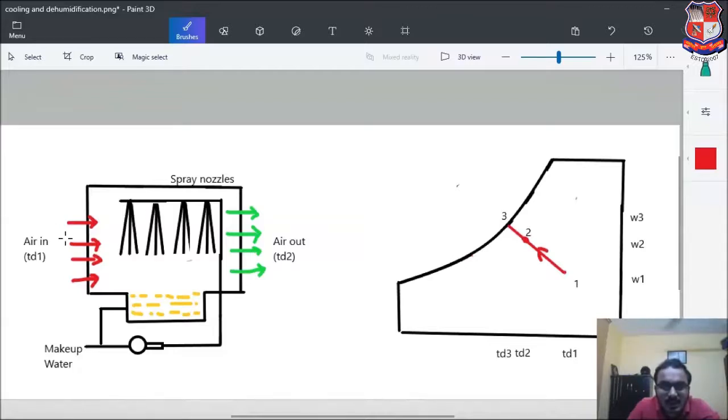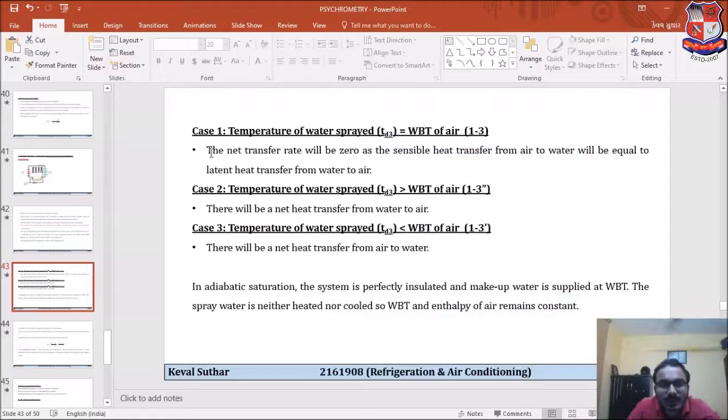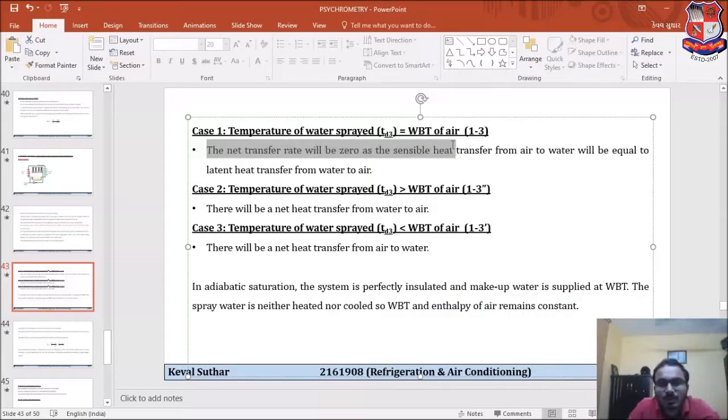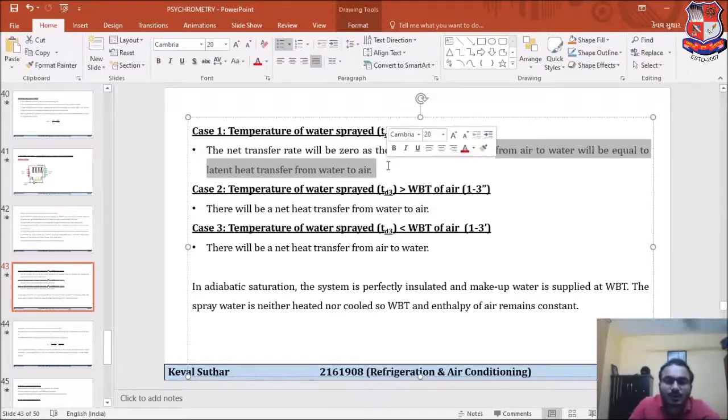So the sensible heat will be equal to the latent heat, and ultimately this latent heat is going back into the air. That's why the net heat transfer will be 0 in this case. So we observe here that the net heat transfer rate will be 0, as sensible heat from air to water will be equal to the latent heat transfer from water to the air, because this water vapor is being added into the air.